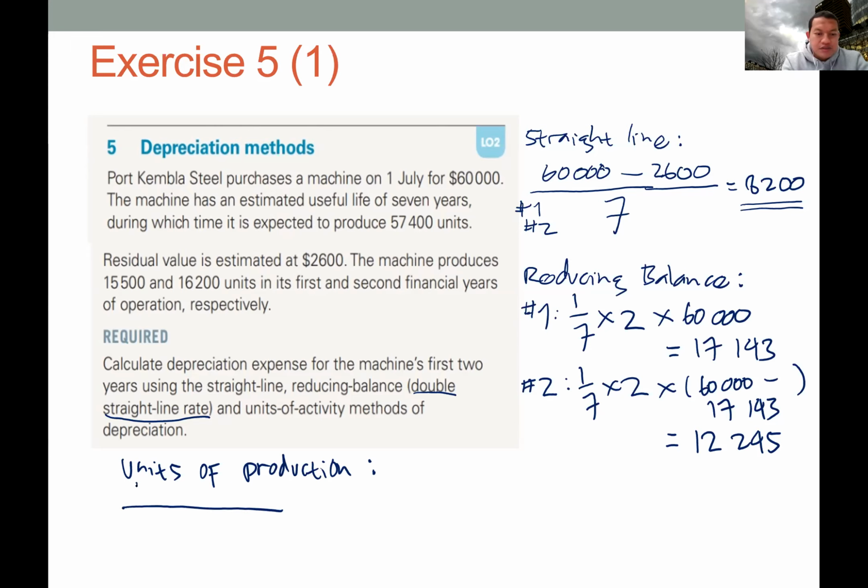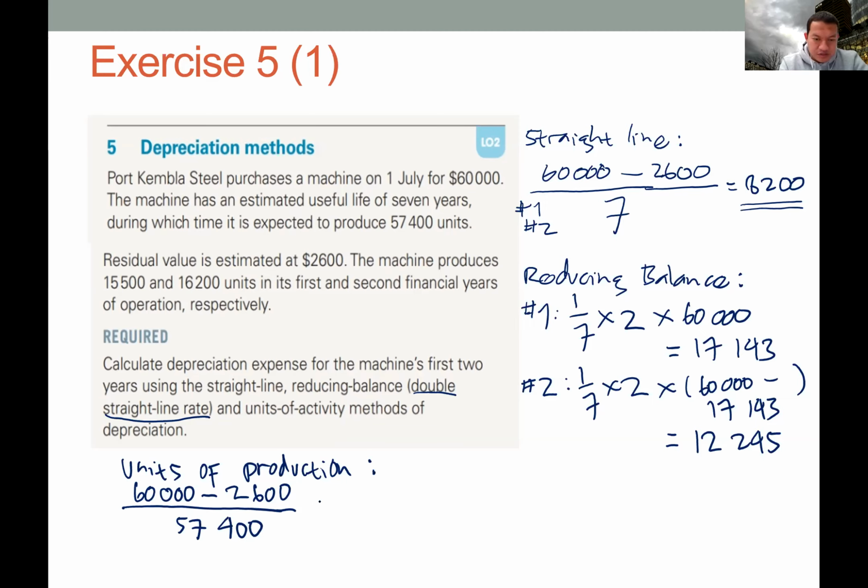So 60,000 minus 2,600 divide by the estimated total production of this equipment, which is 57,400. So basically from this formula, we can know the depreciation cost per unit.